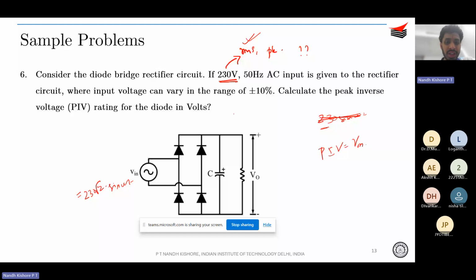However, here it is told that it can vary plus or minus 10 volts. So your diode needs to be rated for the extreme condition, right? So your peak inverse voltage in this case will actually be Vm plus 0.1 Vm, so 10%, or 1.1 Vm. So 1.1 into 230 root 2. Anyone?